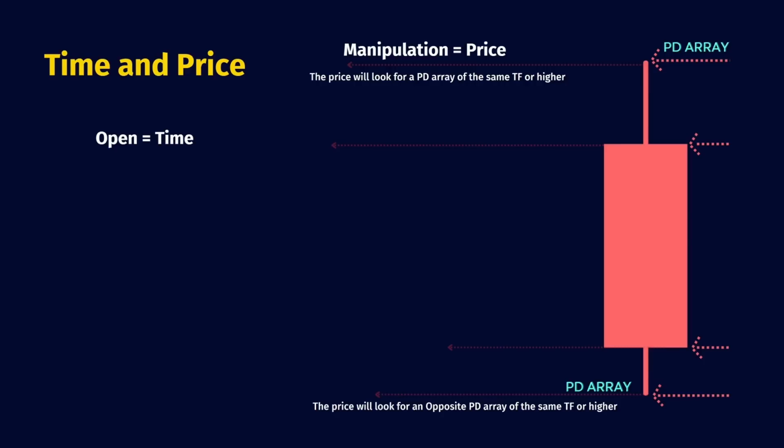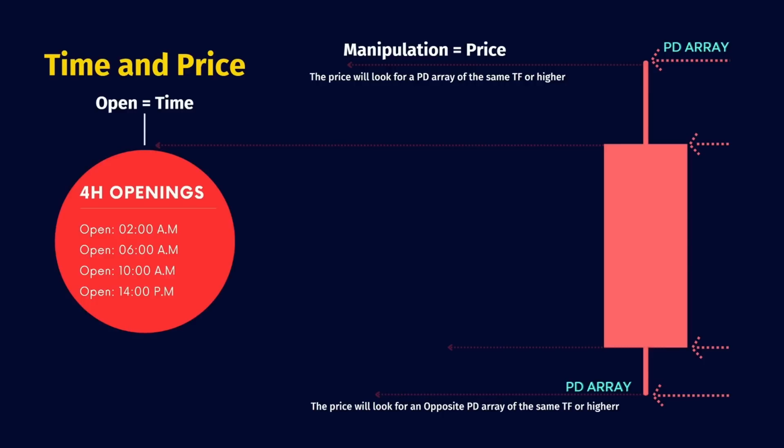So the wick high and the wick low for every candle is at one specific PD array, of the same time frame or higher time frame. Okay, in this topic, the focus is only on the 4-hour candles, 4-hour openings, but these concepts are for every time frame: monthly, weekly, daily, every time frame. But in this topic, it's the 4-hour because it's for intraday purposes.